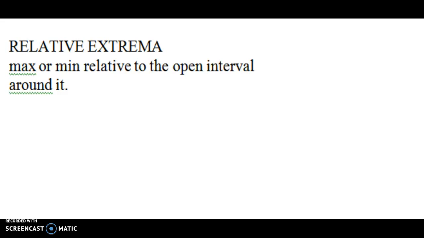All right, so relative extrema. Let's take a look at this visually. Let me draw a graph. You should draw the same graph. We're going to have our interval. Let's put an A here, B here. I'm just going to make this a -1. Make this a 4.